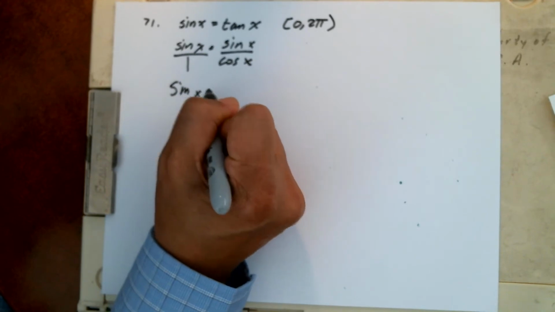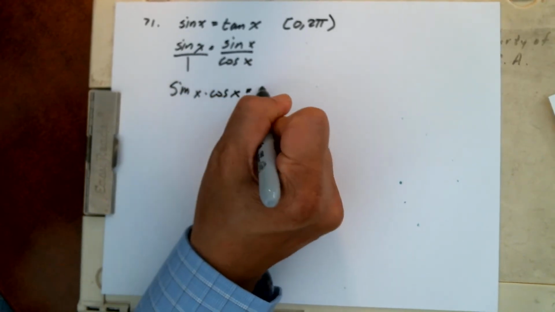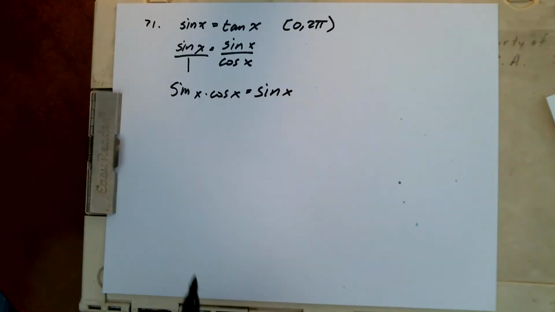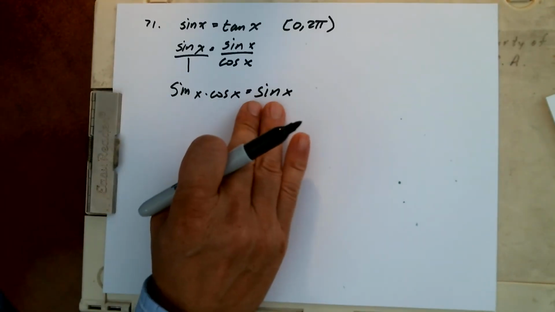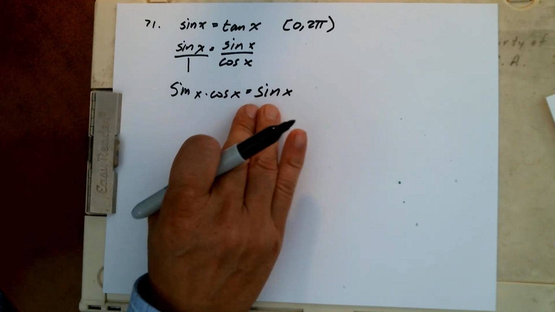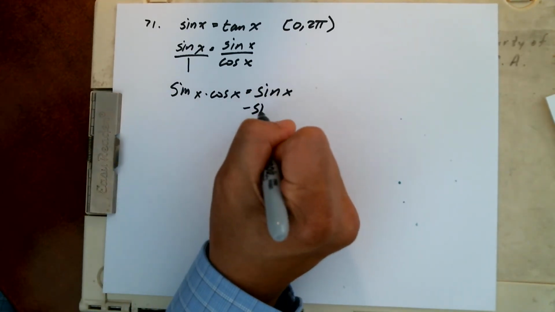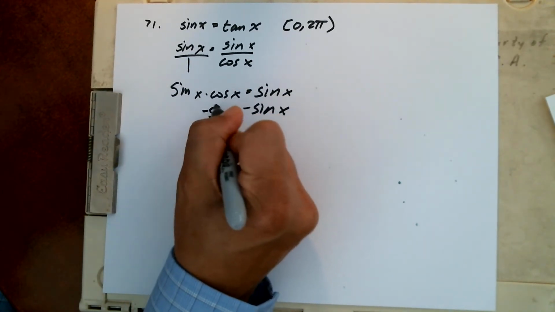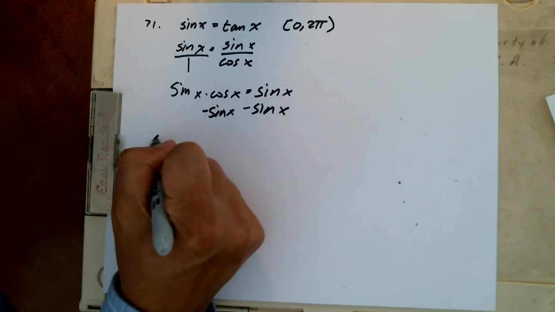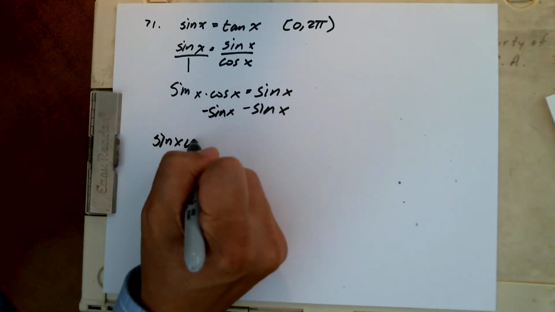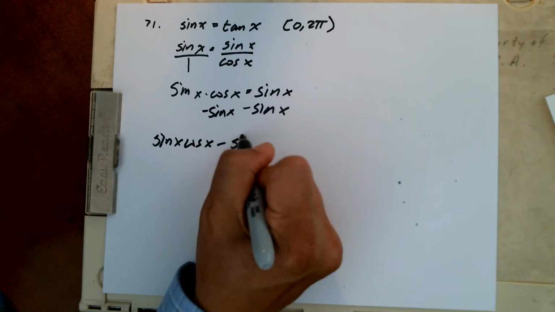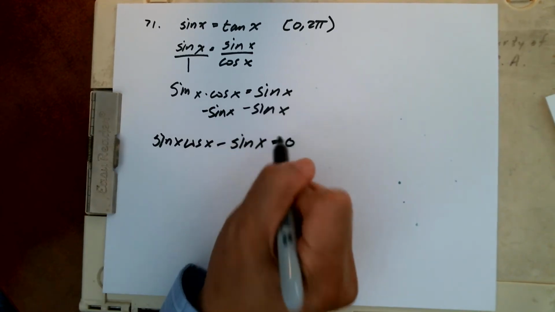Sine of x times cosine of x is equal to sine of x. And then what we want to do is set it equal to 0 and use the zero product property. So you have to move sine of x to the left side by subtracting sine of x from both sides. You end up with sine of x cosine of x minus sine of x is equal to 0.